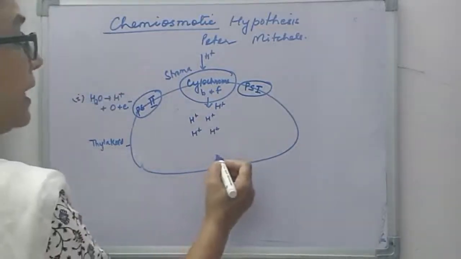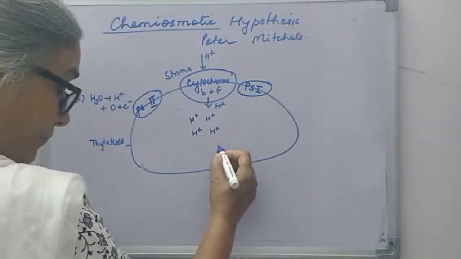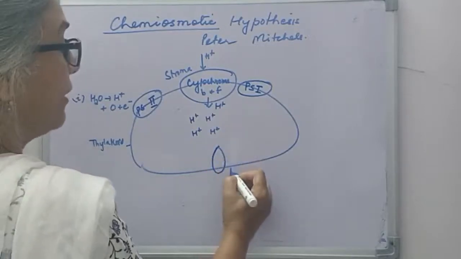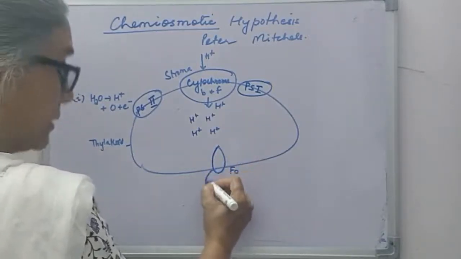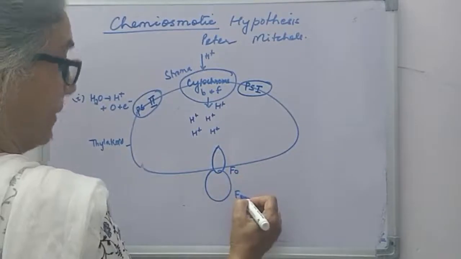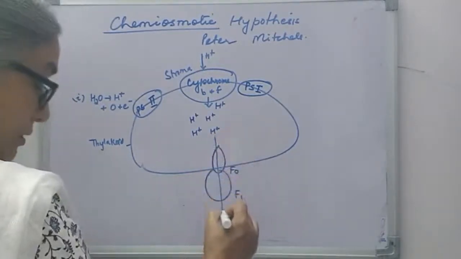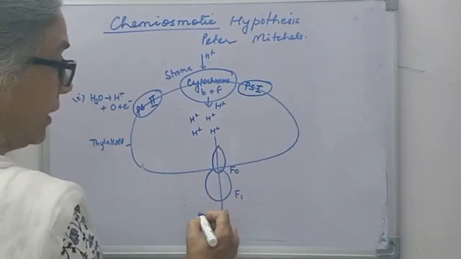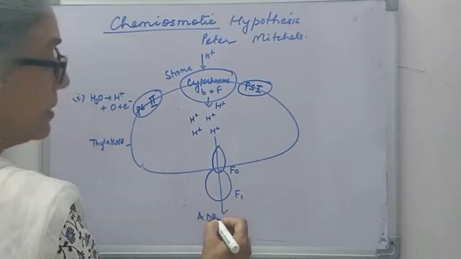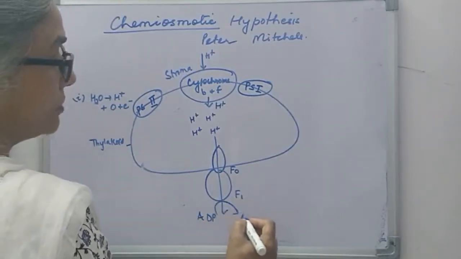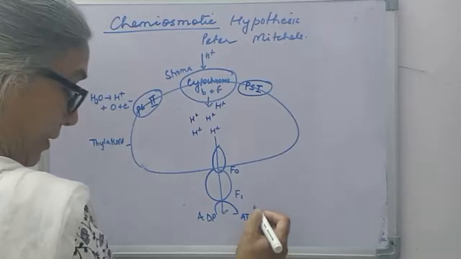Then the enzyme ATPase has two parts, F0 and F1. So these protons move out, and ADP forms ATP.